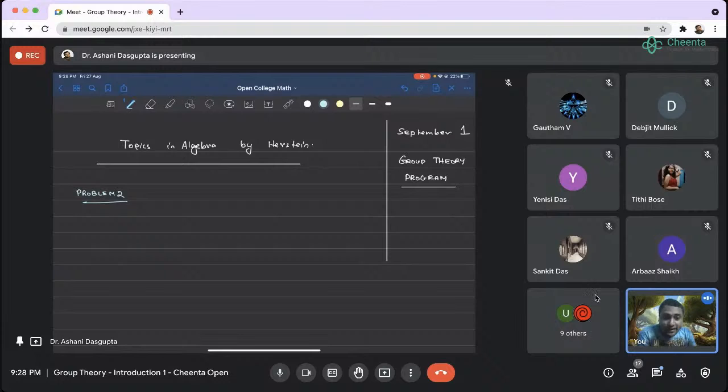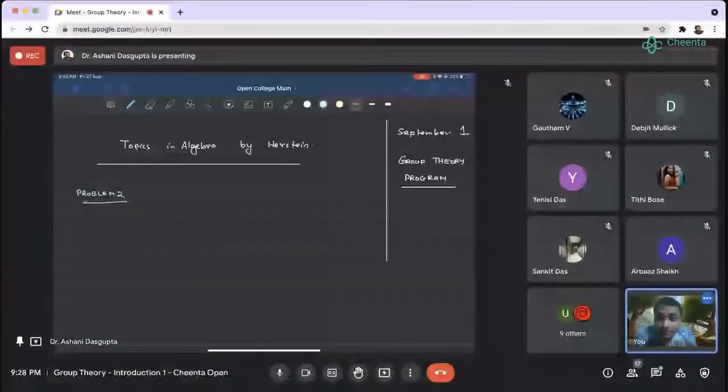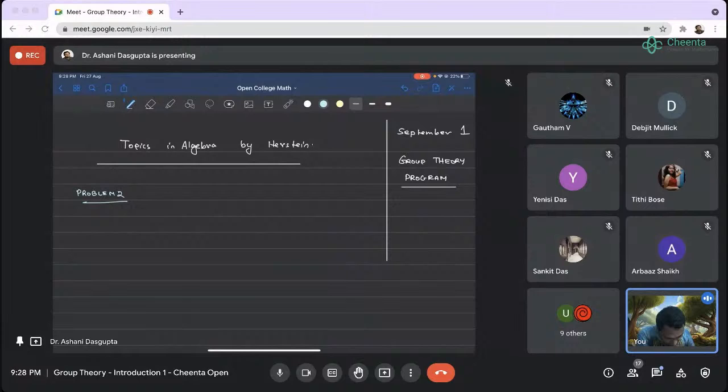So, let's look at this problem. This is problem number 2, and it's a construction problem. What it says is, for any n greater than 2, construct a non-abelian group of order 2n.